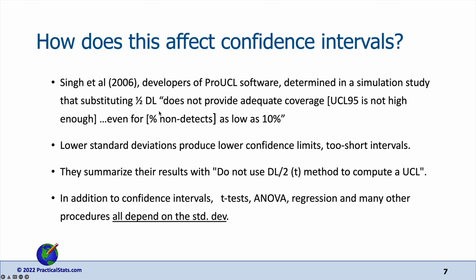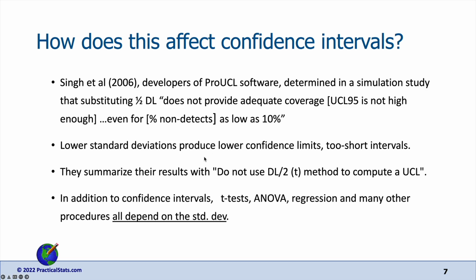In a very large simulation study, Singh and others in 2006 found that when you put in 1/2 the detection limit, it does not provide adequate coverage. That's statistical jargon for the ends of the confidence intervals are not high and low enough. The UCL 95, the upper 95% confidence limit on the mean, is not high enough after substitution, at levels as low as 10% non-detects.